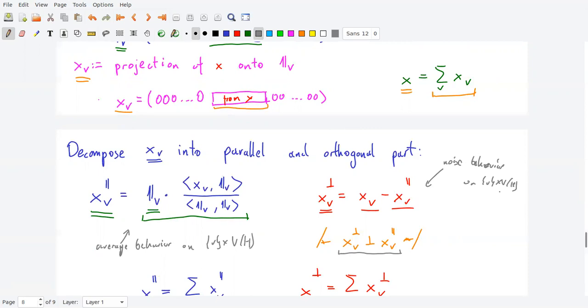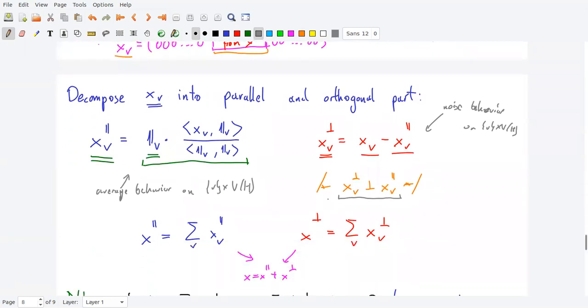And as usual, the average behavior is parallel to all ones, so it will behave according to the main eigenvalue, while the orthogonal part is orthogonal to all ones on V, and we will be able to understand it using a better understanding of the spectral properties on the subspace orthogonal to all ones.